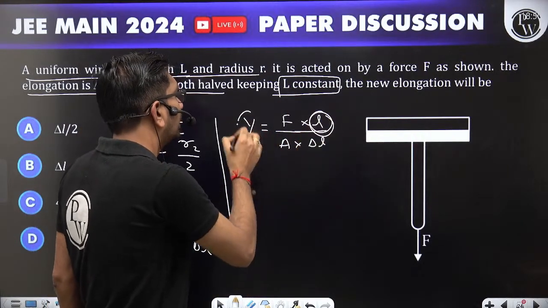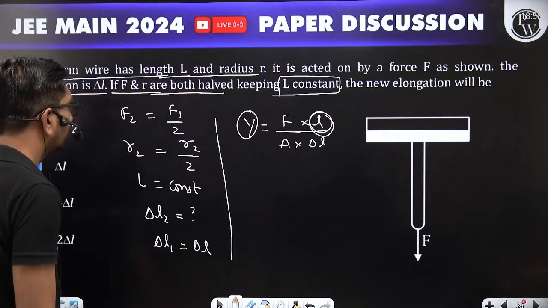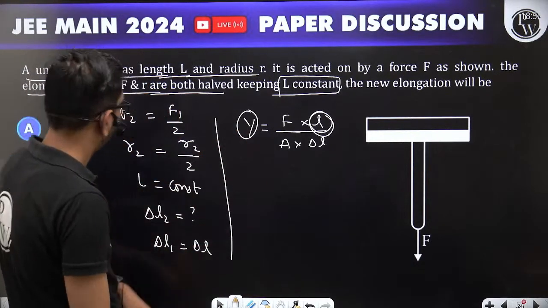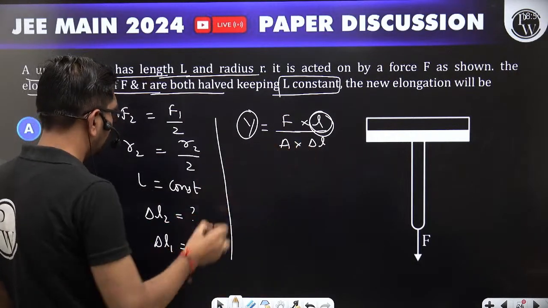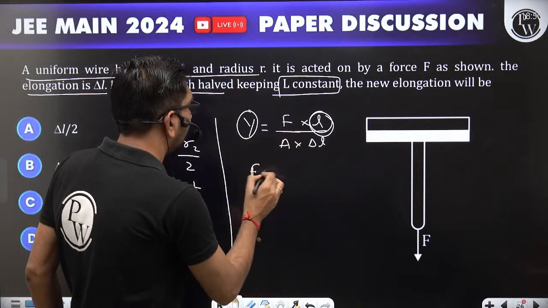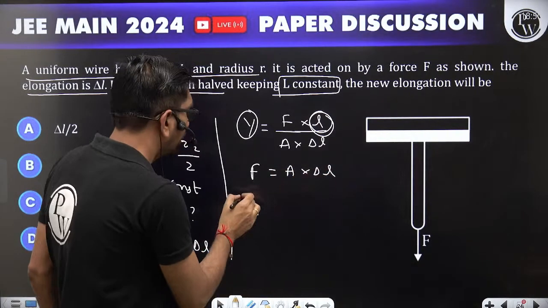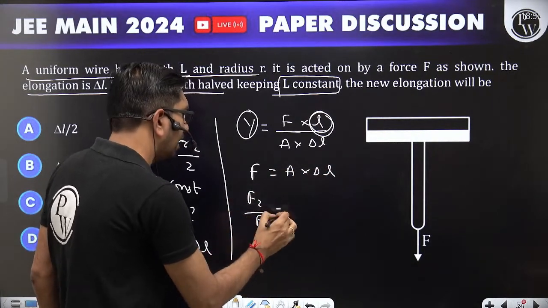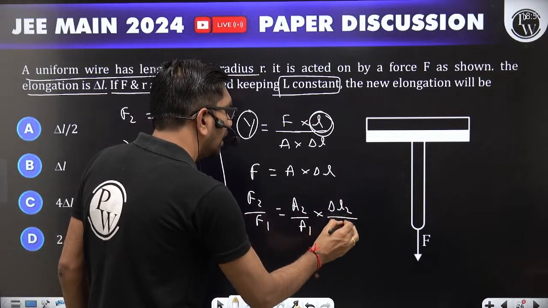Young's modulus also always remains constant, correct. So F is equal to A into delta L, and F2 by F1 is equal to A2 by A1 into delta L2 by delta L1. Am I right?